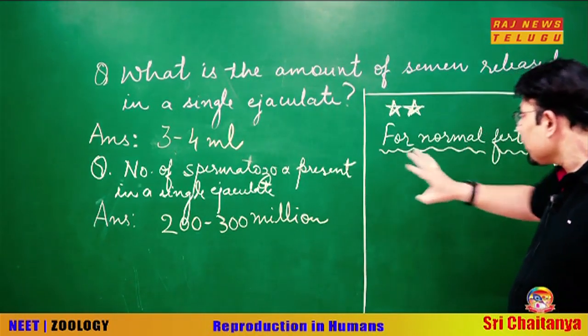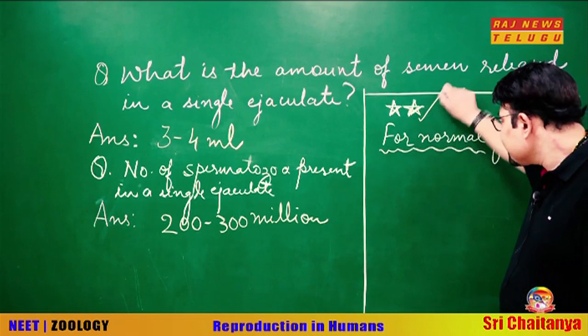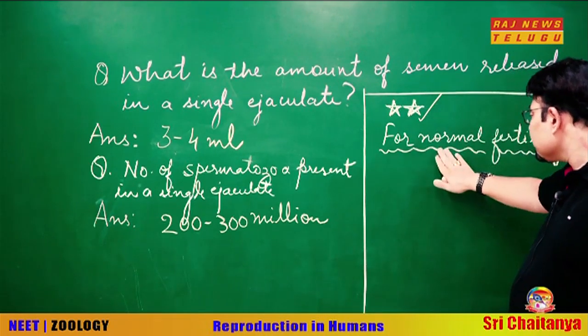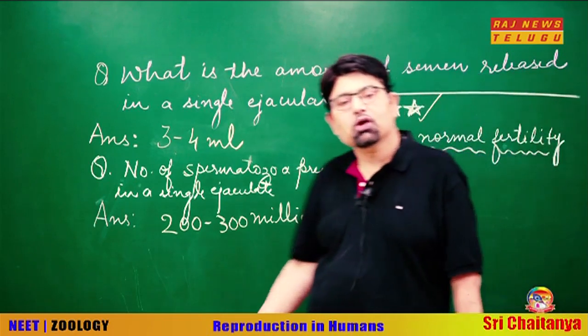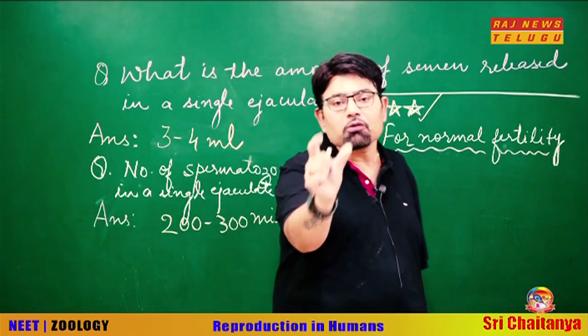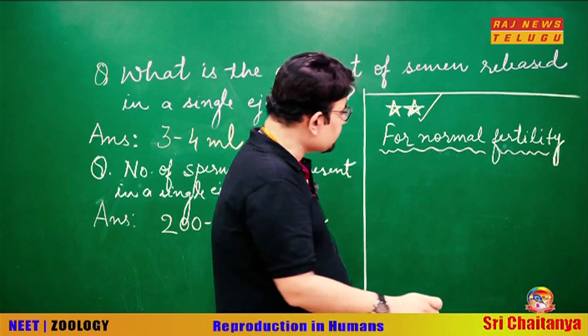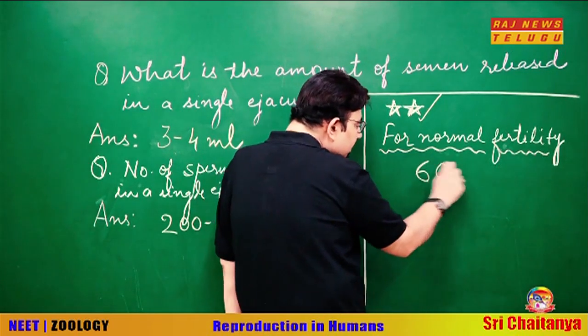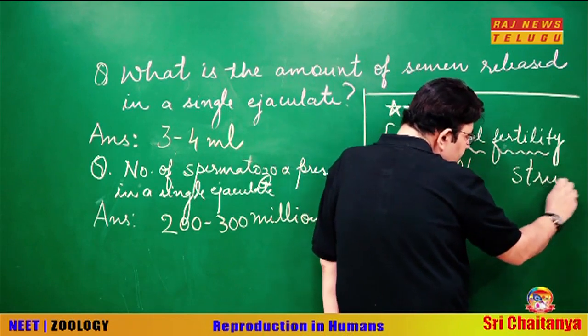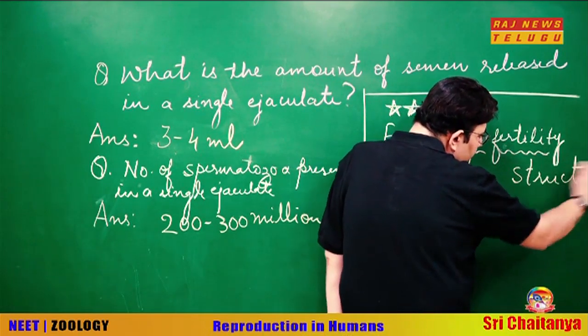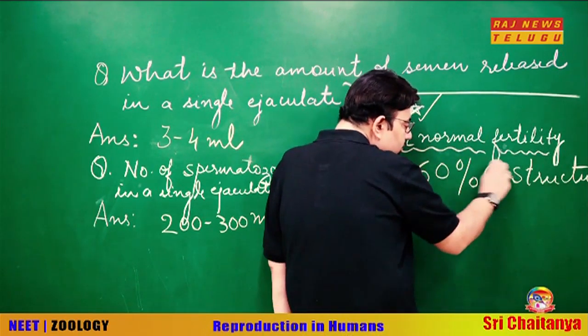Another interesting and important point for examination: for normal fertility, 60% of the sperms should have normal shape and size, a normal structure.